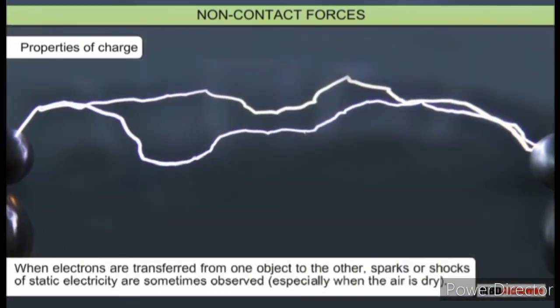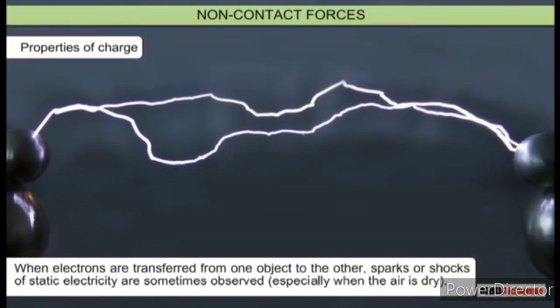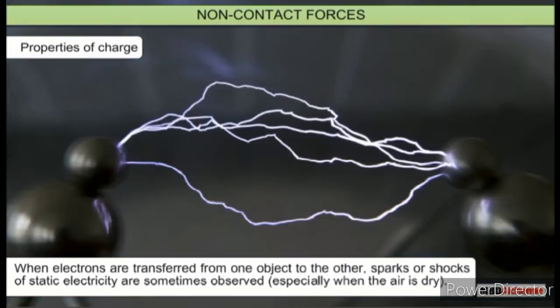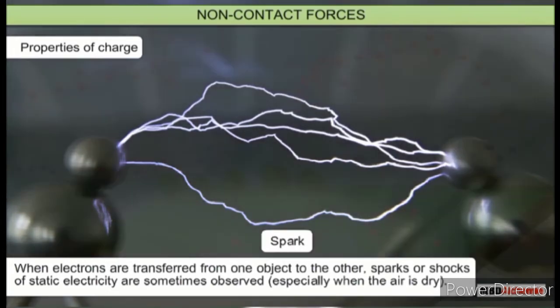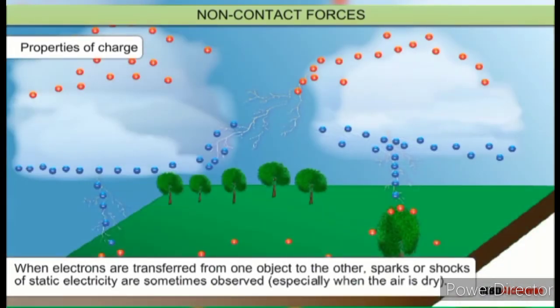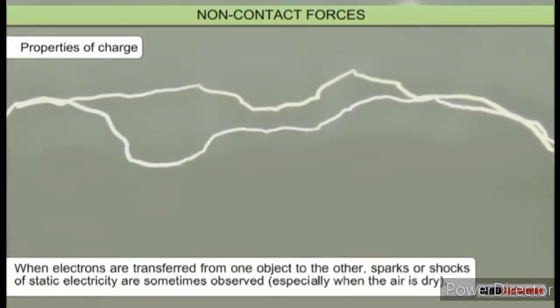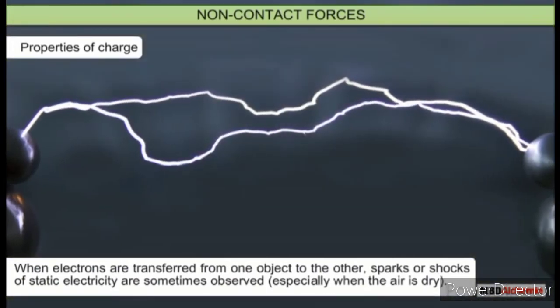When electrons are transferred from one object to the other, sparks or shocks of static electricity are sometimes observed, especially when the air is dry.